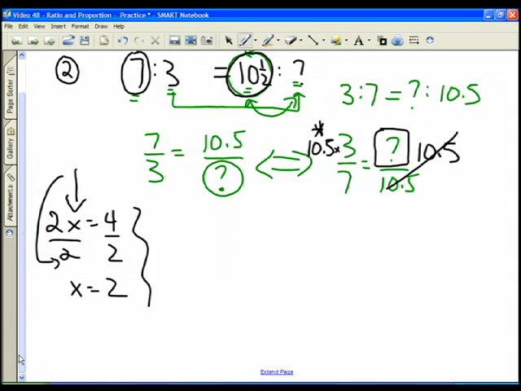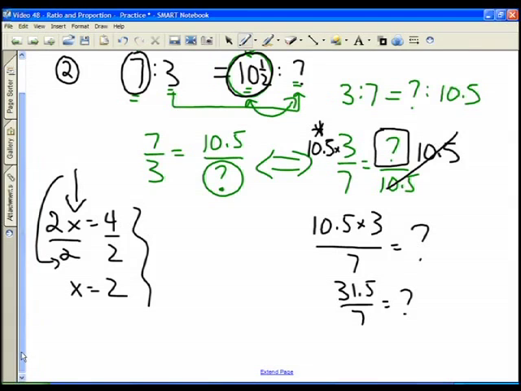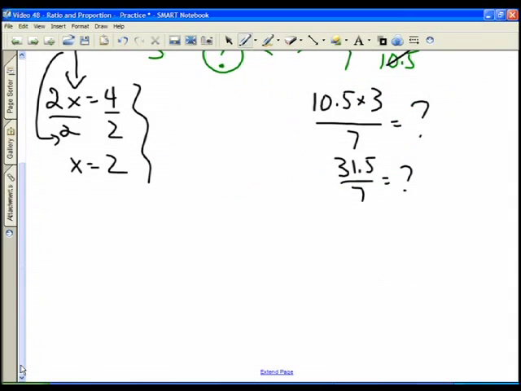And so here, when we do the math, we've got 10.5 times 3 divided by 7 is equal to our question mark. And so here we get 31.5 over 7. 10.5 times 3 is 31.5. And 31.5 divided by 7 is 4.5. So the unknown in this case is 4.5.